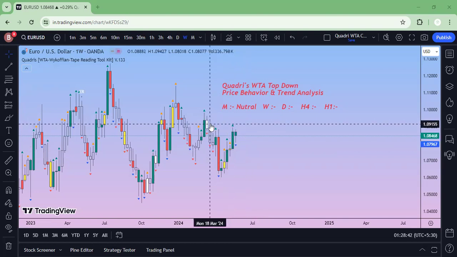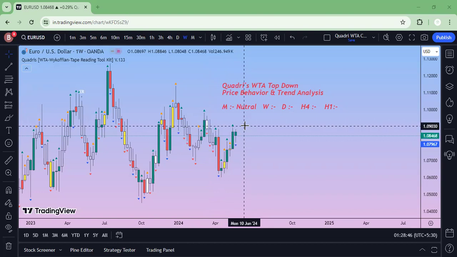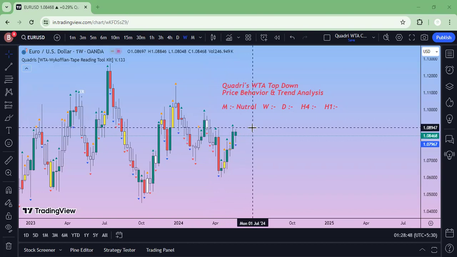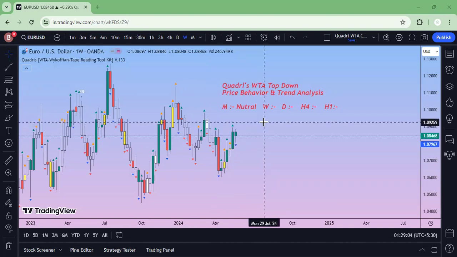So here, all in all, the move is an up move, provided that first of all, it should hold above 8947. So 8947 is important, and after that, 9238.